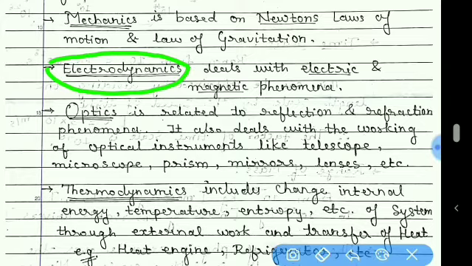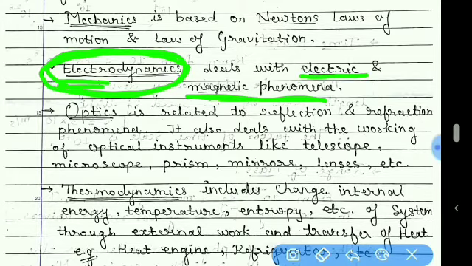Due to the passing of the electric current, magnetism is also produced, and due to that electricity and magnetism, the motor rotates. So electrodynamics deals with the electric current and the magnetic phenomena due to this electric current. This is also one of the branches of physics.